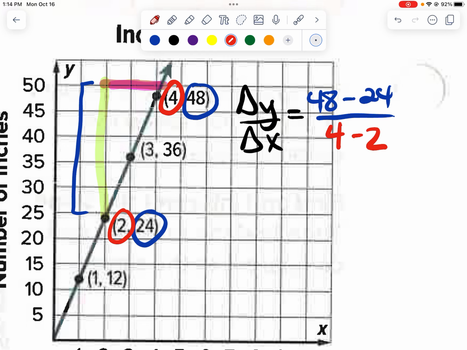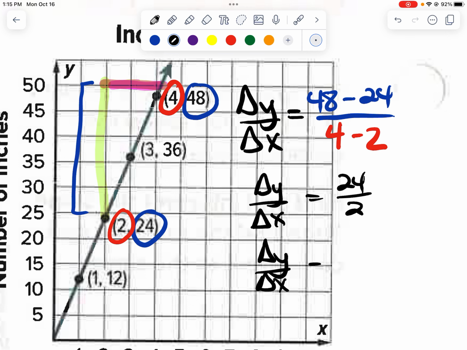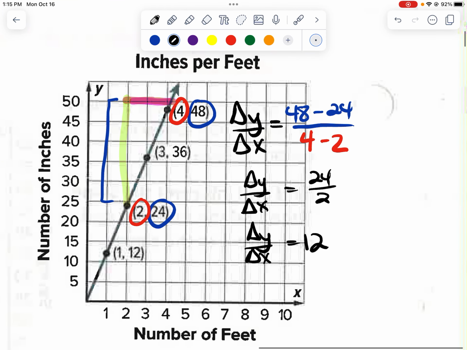When I subtract these, I get 24 over 2, which means that is 12. 12 what? Number of inches per feet. 12 inches per foot.